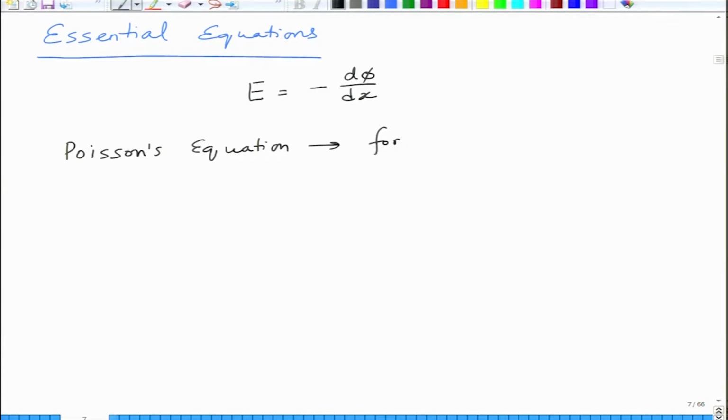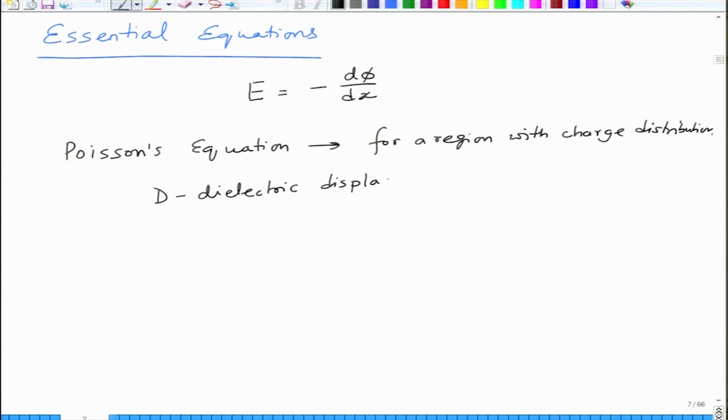If D is the dielectric displacement, then the divergence of D is equal to rho, where rho is the charge density, or del dot D is equal to rho.